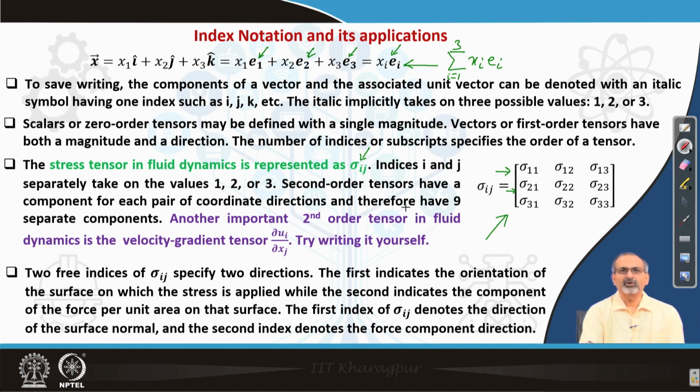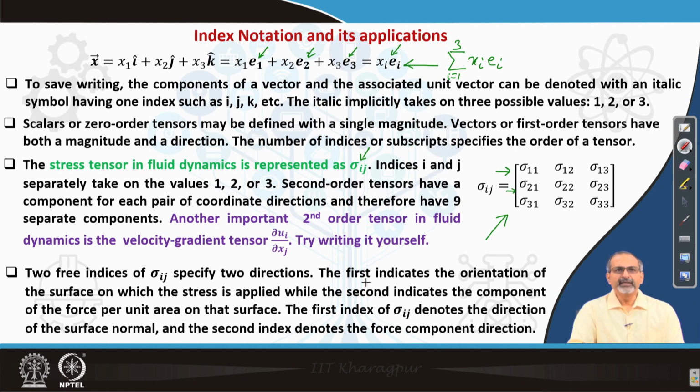Another important second order tensor in fluid dynamics is the velocity gradient tensor del u i del x j. Try writing it yourself with this basic exposure that you are getting through the discussion on index notation.